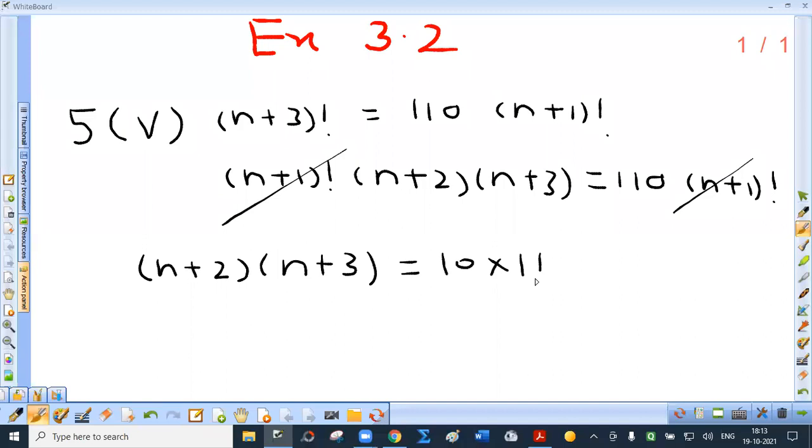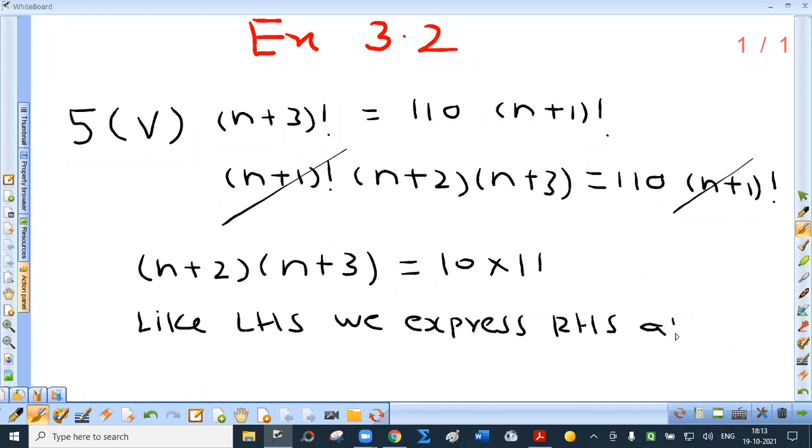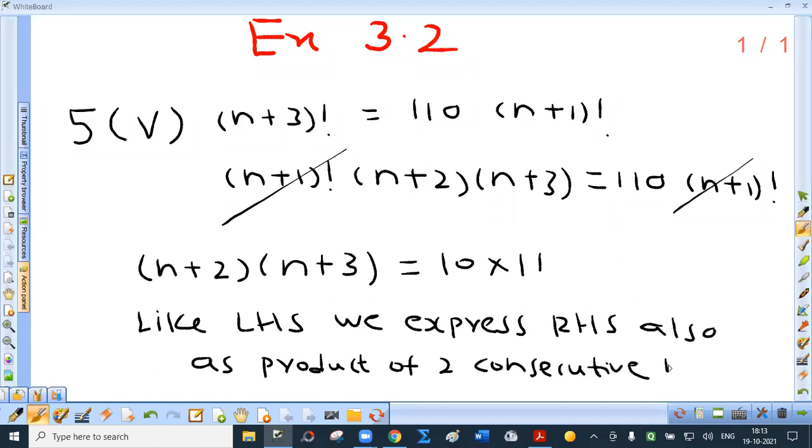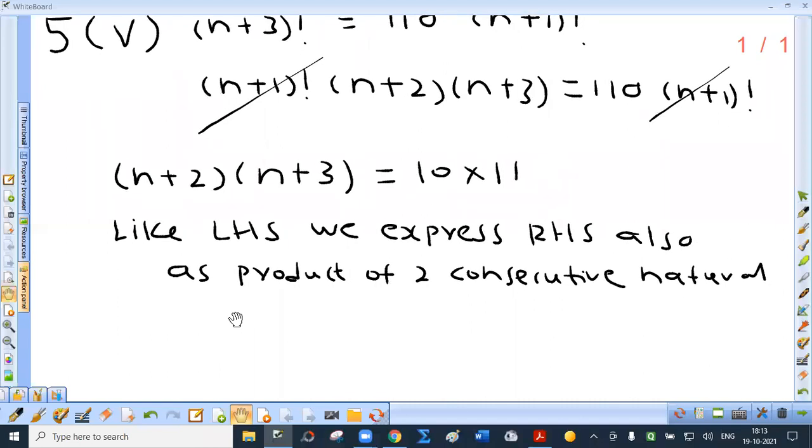Here I am going to write: like LHS, we express RHS also as a product of two consecutive natural numbers.